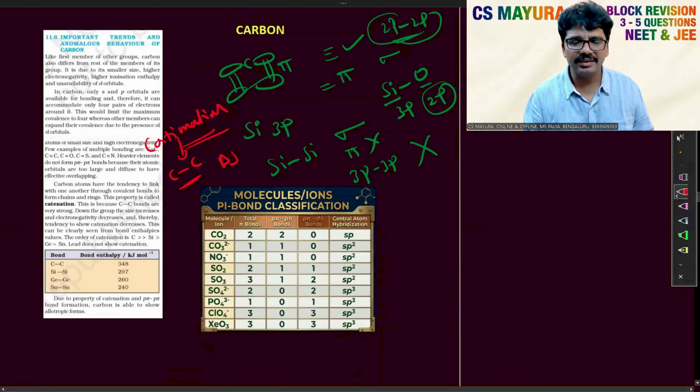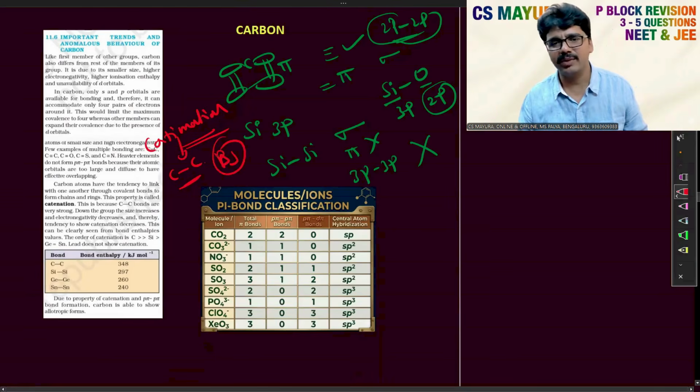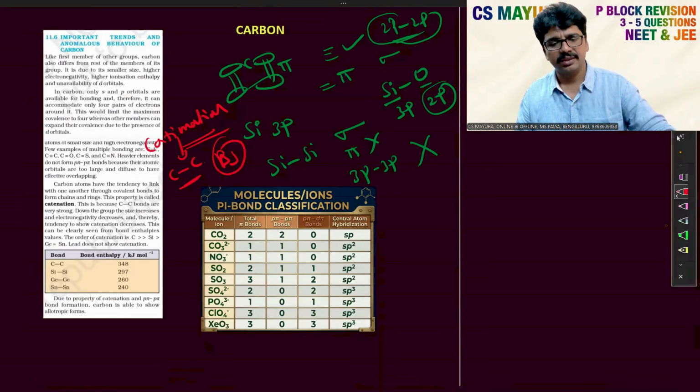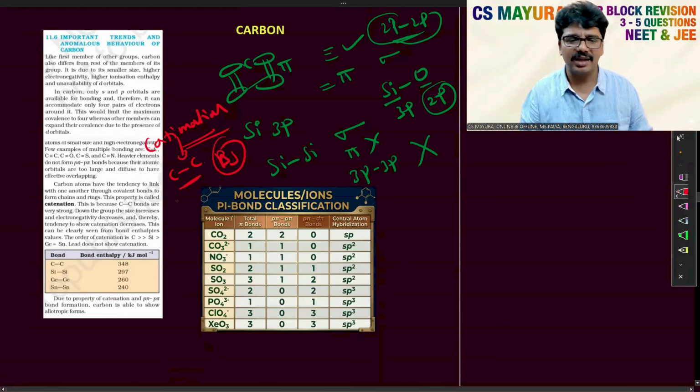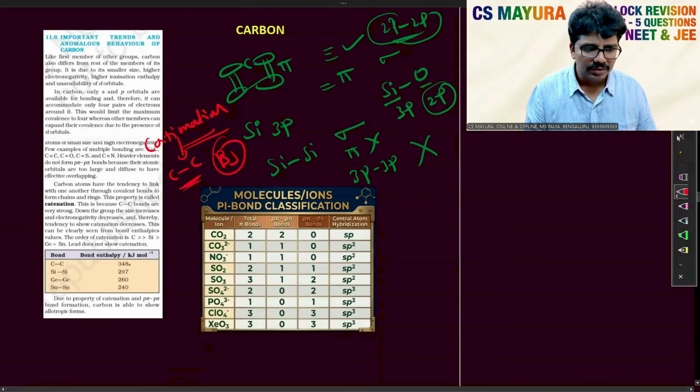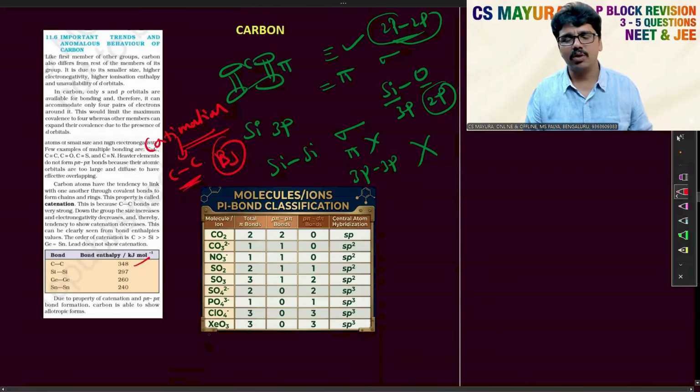Carbon-carbon bond strength is very high compared to all other elements except hydrogen. Hydrogen's single bond strength is very high compared to others, but hydrogen's valence is one only, so it can't extend the chain. After hydrogen, the highest bond strength is carbon, which is 348 kilojoules per mole. So among all elements, carbon has the highest catenation property.